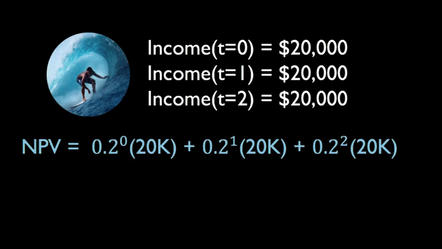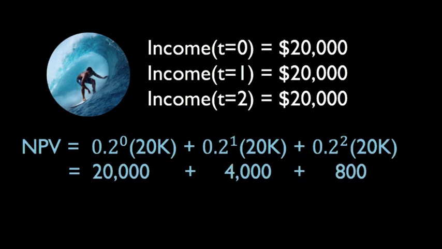He would add to that his delta raised to the next time period, which is 1. His income in time period t equals 1 is again $20,000. And then finally, the last period of his life, he still has a delta of 0.2. We raise it to 2, since we're considering time period t equals 2, and his income in t equals 2 is still $20,000. And now we plug and chug.